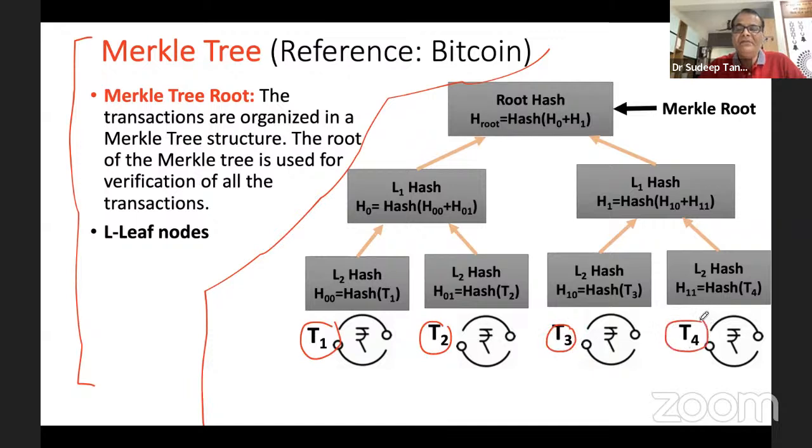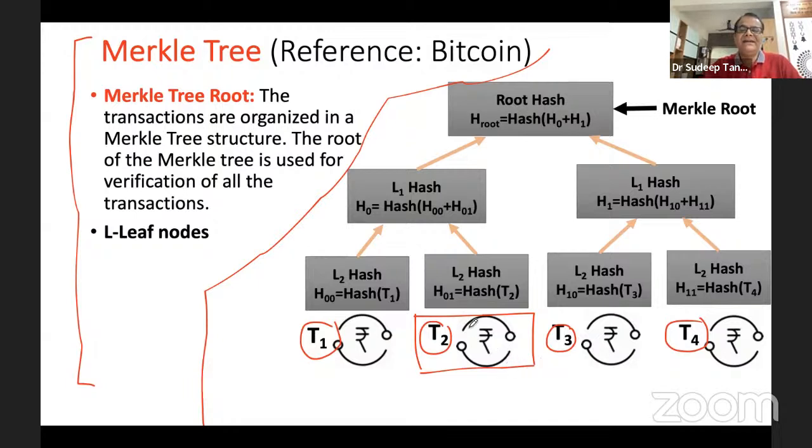What is the meaning of committed? Committed means they are already inside the blockchain. As an attacker, I want to modify, let's consider a scenario, transaction number T2. The transaction T2 may contain some data storage, or some Bitcoin that you want to transfer from one end to another.